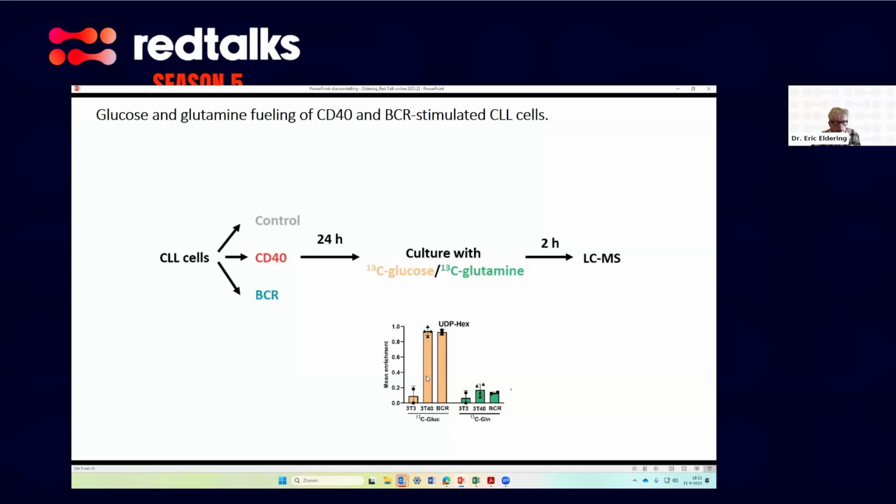For example, over here is one metabolite from the glucose pathway, and if you stimulate the cells and feed them glucose, the incorporation of carbons in this metabolite, UDP hexose, is very strong, and it's much less strong if you feed the cells glutamine, which is logical because this is a glycolysis intermediate.